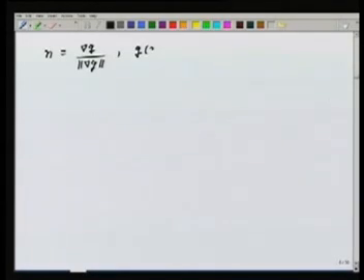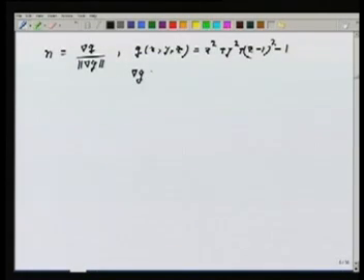Well, g of x, y, z is x square plus y square plus z minus 1 whole square minus 1. Then grad g is a vector given by 2x, 2y, 2 times z minus 1, right? Then what is grad g by norm grad g?